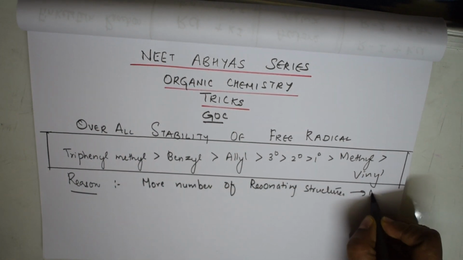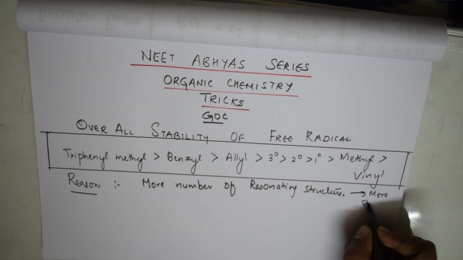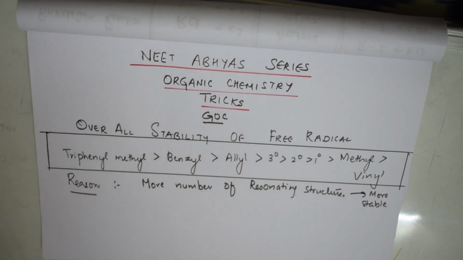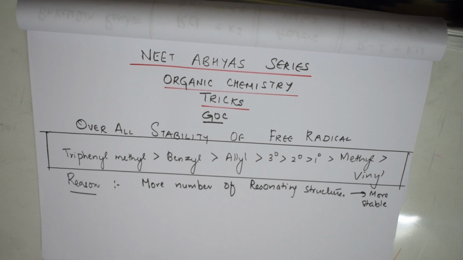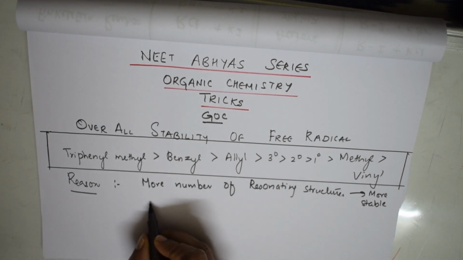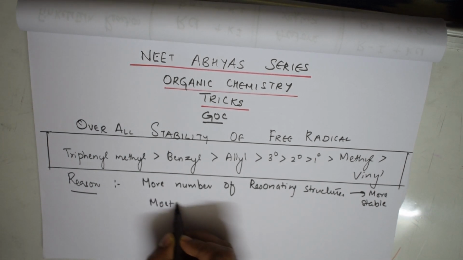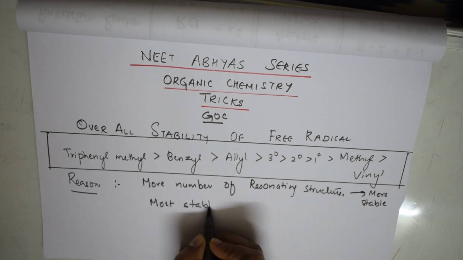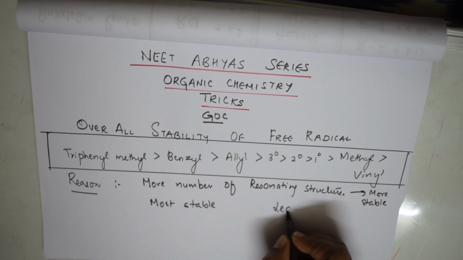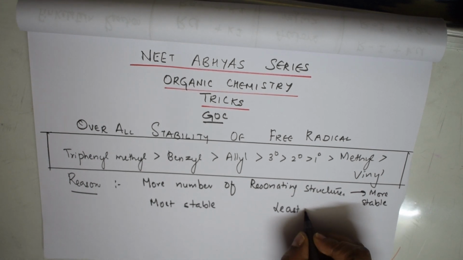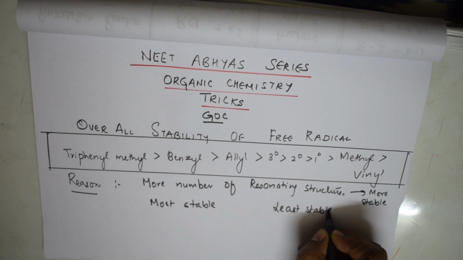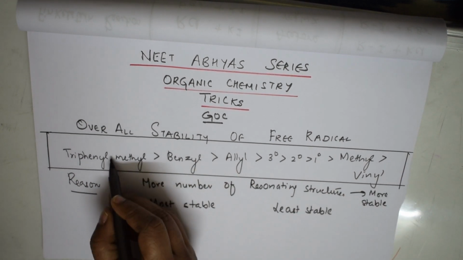This is more stable. Okay, further, ma'am, what should I do further? Remember, always remember, stability depends on the free radical. What if something has to be most stable, what are the factors? When something is least stable or less stable, what is this? So this is least stable, this is most stable.